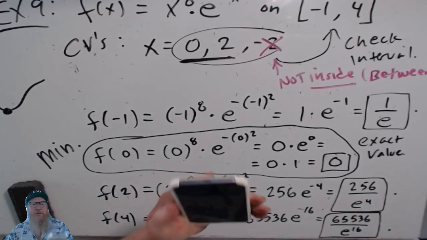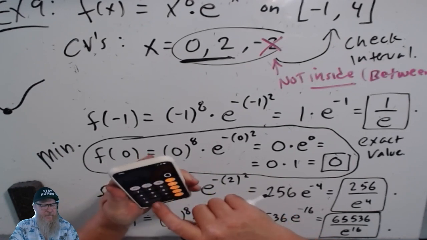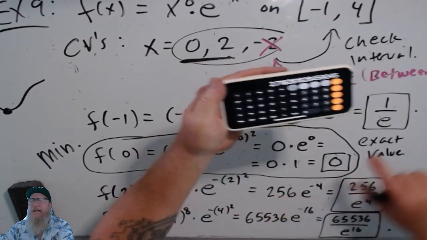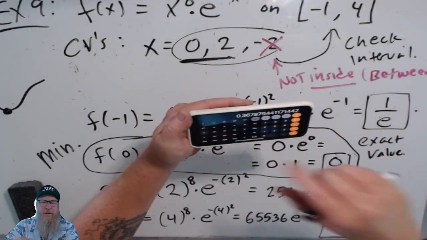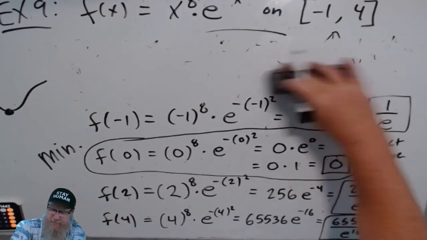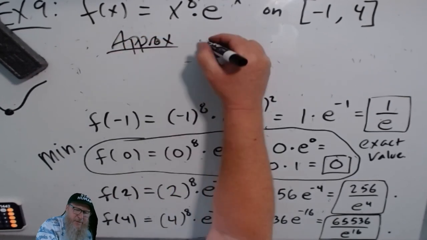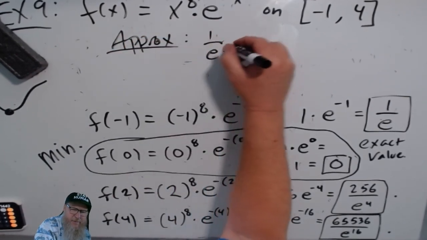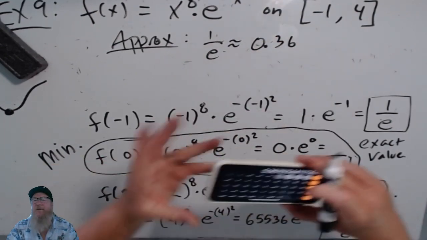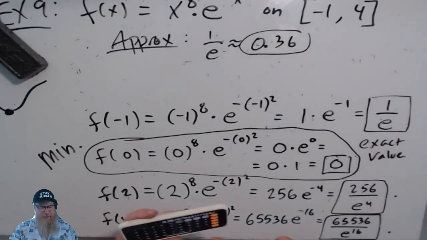So that's where you're going to need your calculator. You're going to do e, and then 1 over. So I'm doing my approximations. 0.36. You don't need very many decimals, just a couple will be fine. I don't think that's going to be the winner.